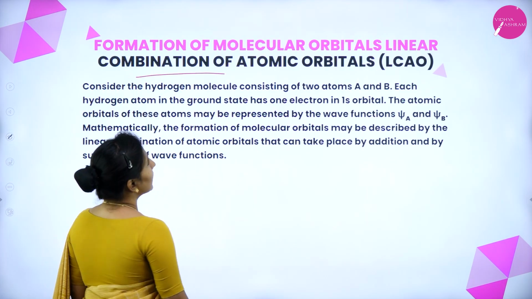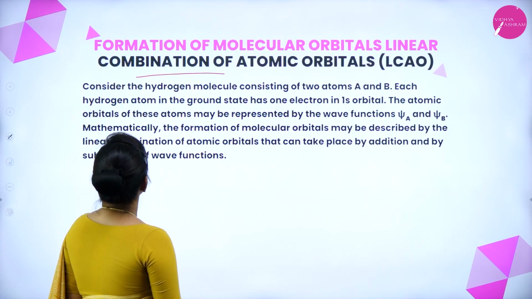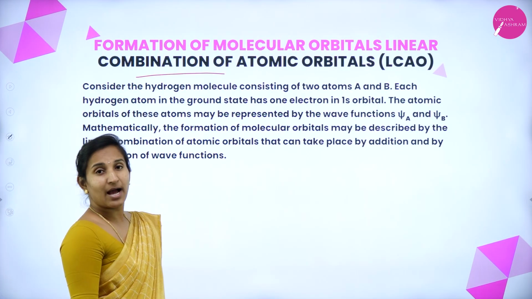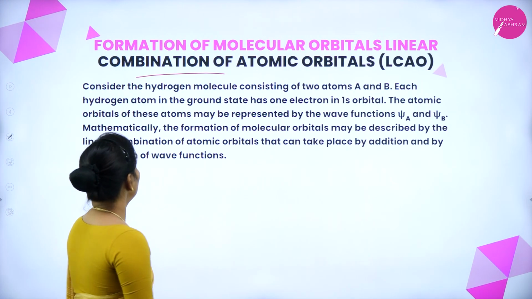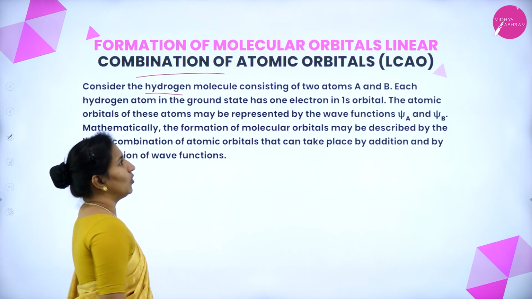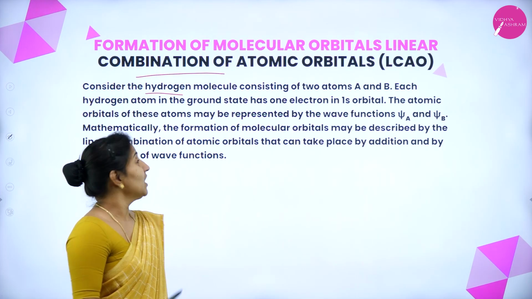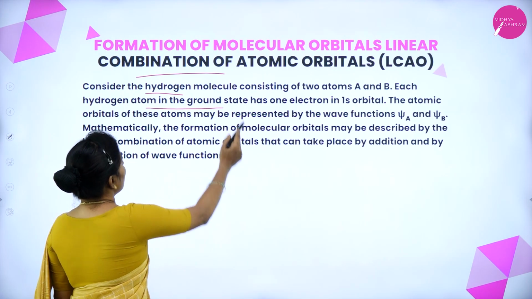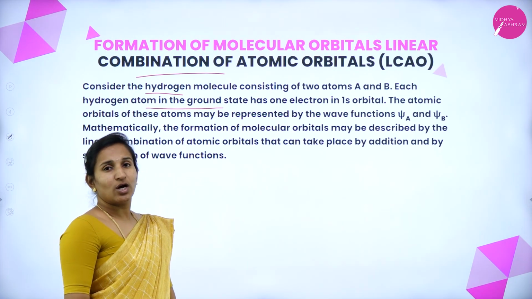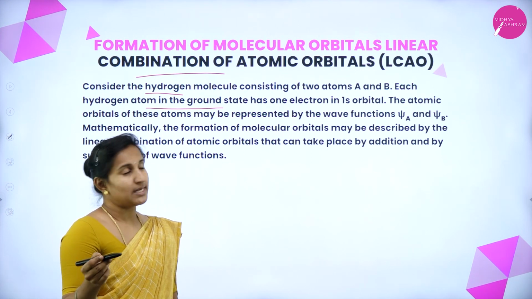Formation of molecular orbitals, that is, linear combination of atomic orbitals, LCAO. Consider a hydrogen molecule consisting of two atoms A and B. Each hydrogen atom in the ground state has its electron in the 1s orbital.